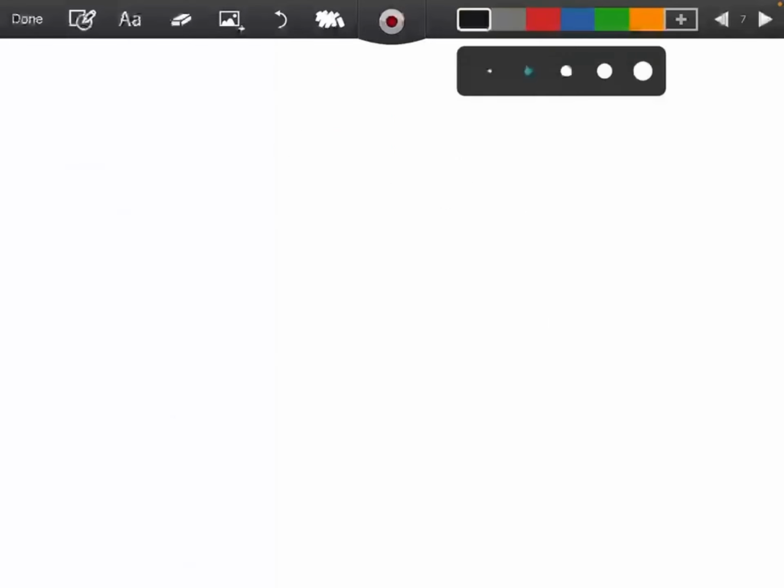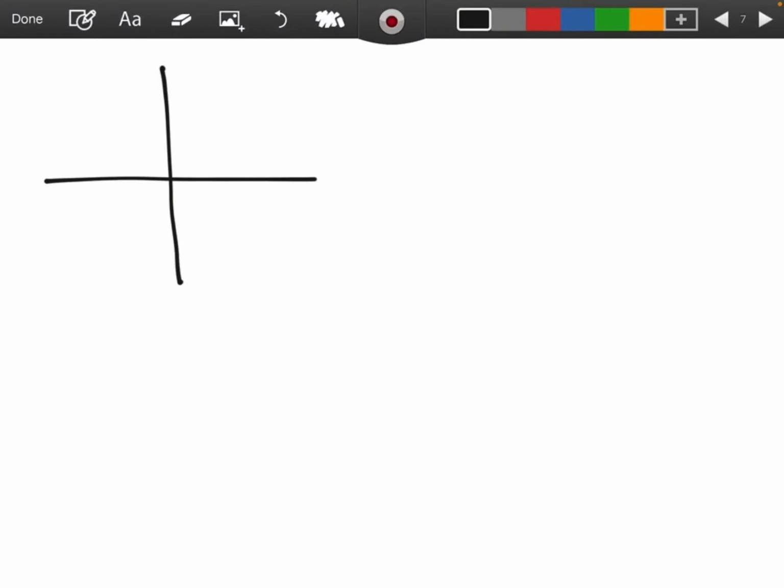What happens if m is 0? If m is 0, if I move 1 unit across, I'm still on the line. Because when m is 0, any line that has a slope of 0 is a horizontal line. It's one of those lines where y is equal to a constant, which would mean that I've got just this horizontal line.